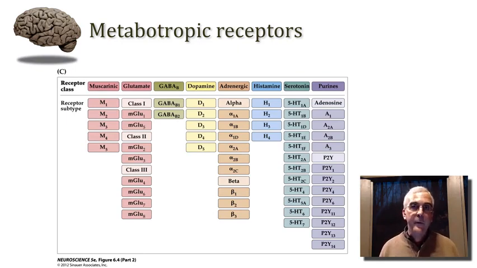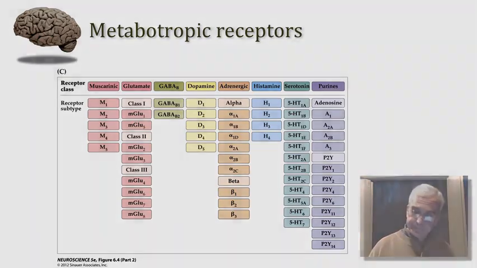What's important for you to take away is the idea that the metabotropic receptors give rise to these more slowly evolving but potentially much more long-lasting effects of the binding of a transmitter to its receptor.